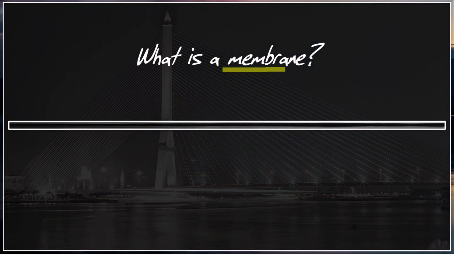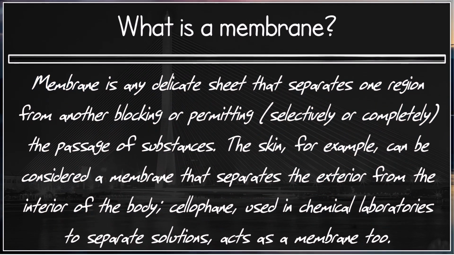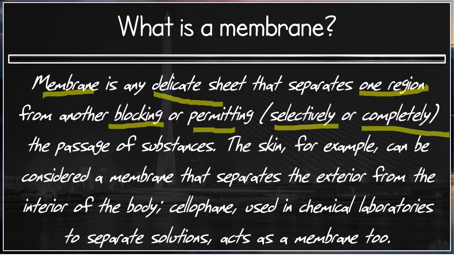What is a membrane? Membrane is a delicate sheet that separates one region from another, blocking or permitting selectively or completely the passage of substances.